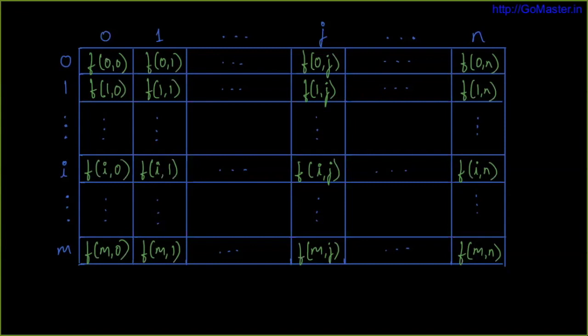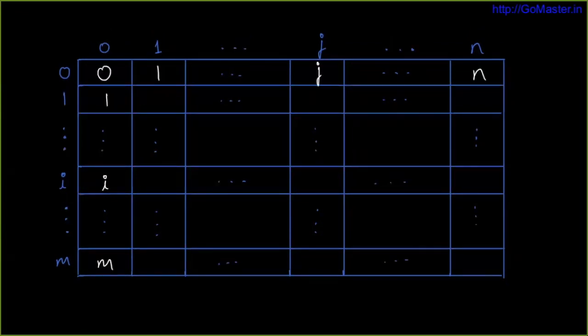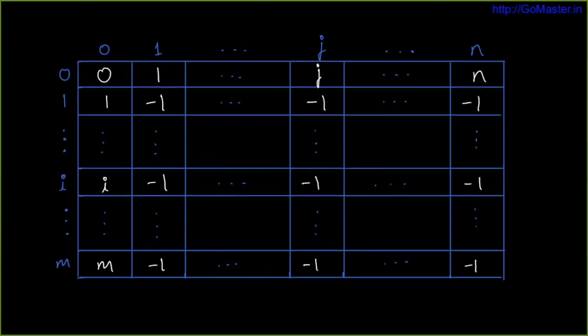We can also figure out the base cases, which are when m is 0 or n is 0. We have seen those already, right? Now the other cases need to be computed. What we can do is initialize them to some value which is not going to be a valid answer anyway. So -1 is never going to be an answer. I'm going to assign -1 to all of these non-base cases, so that we know it is not yet computed.